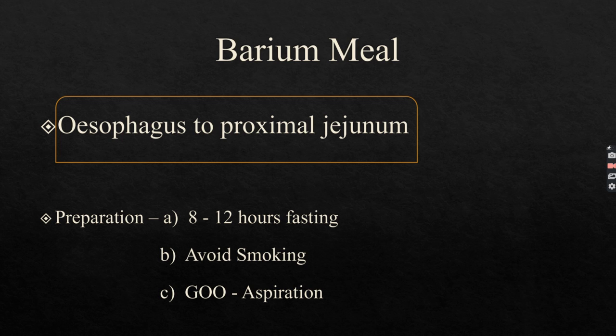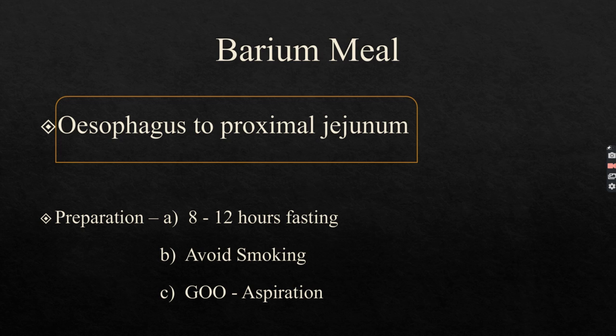What are the prerequisites? Before going for a barium meal, the patient must be fasting for at least 8 to 12 hours. These are the pre-procedure preparations. So 8 to 12 hours of fasting is required.